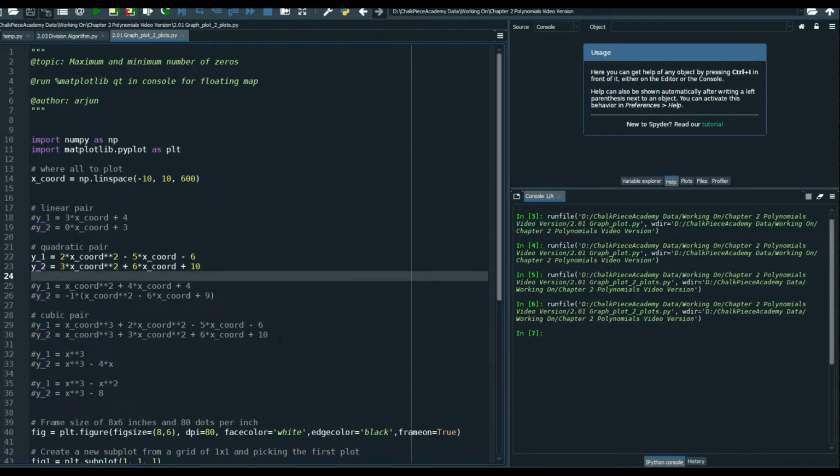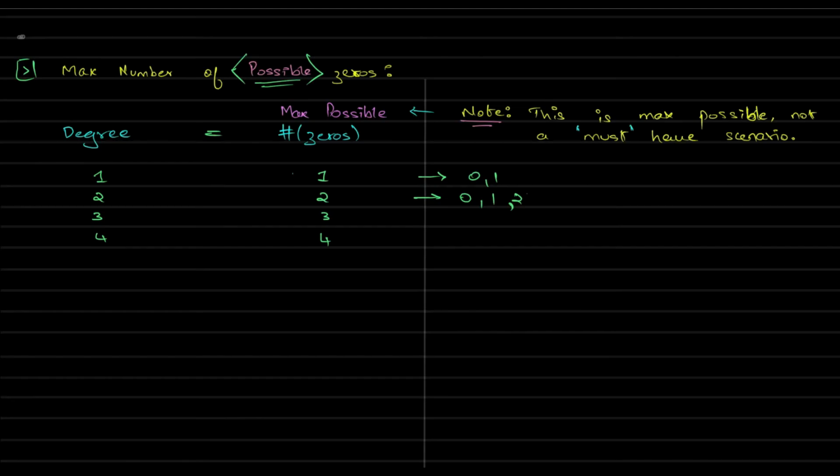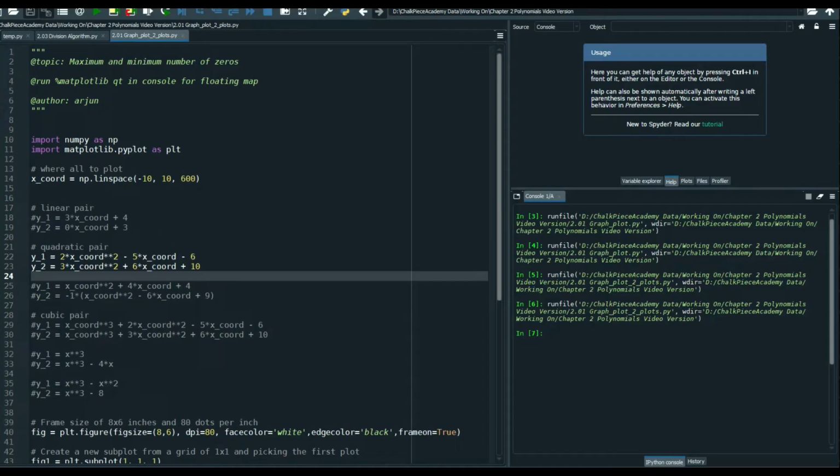So it is fixed. It won't cross your x-axis, and the number of zeros in that graph is 0. Again remember, the maximum possible zeros does not mean it should have that many zeros. No, it need not. So let's take one more example.